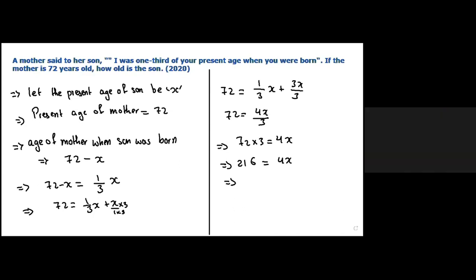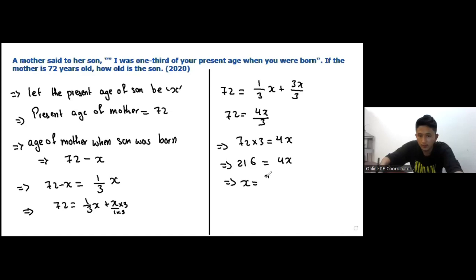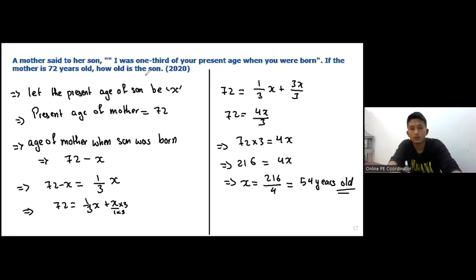We need to find the value of x. x equals 216 divided by 4. 216 divided by 4 is 54 years old. So the mother said to her son, when the son was born she was 1/3 of his age. If the mother is 72 years old, how old is the son right now? The son is 54 years old.